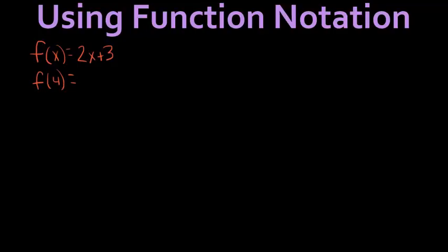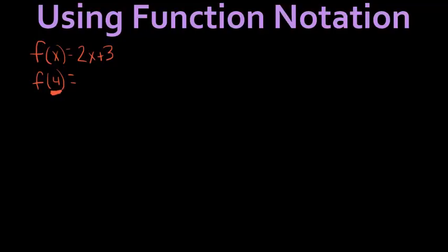So we have our function, and then the next step is they'll say, okay, find the f of 4 for the function f of x is equal to 2x plus 3. All this is doing is telling us right here what value to put in place of the variable in parentheses. So we're just going to replace 4 for x in this function.